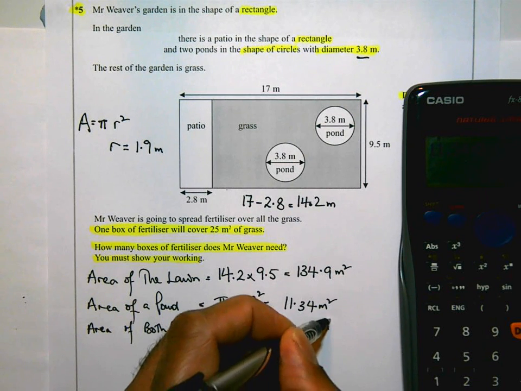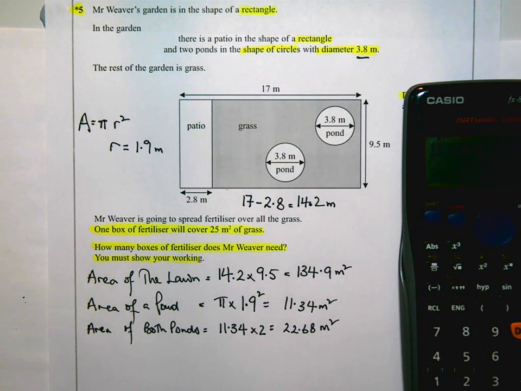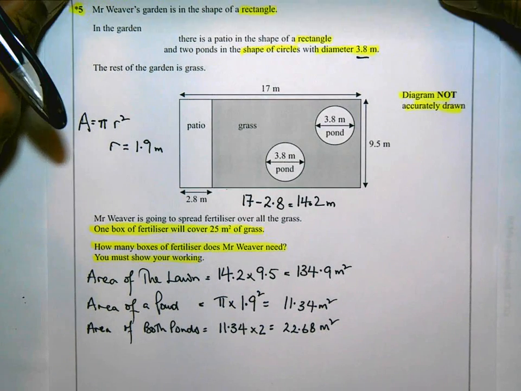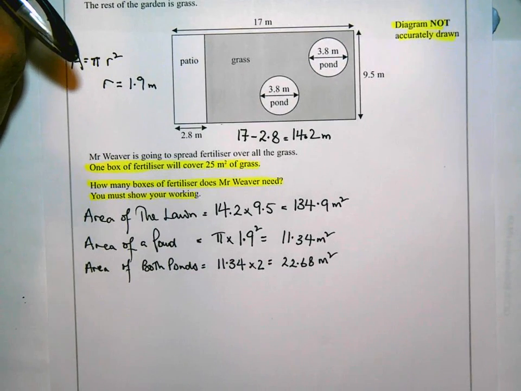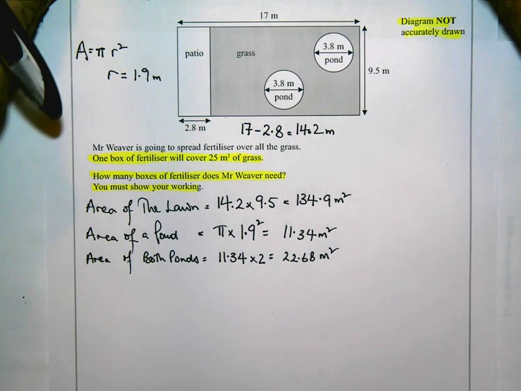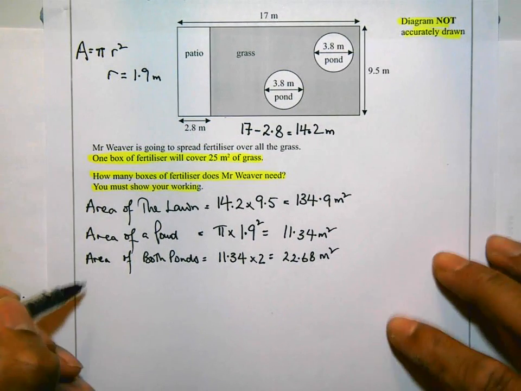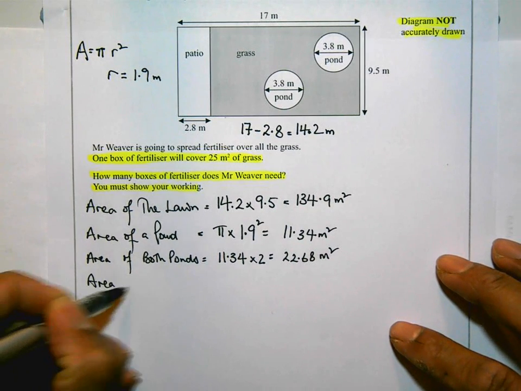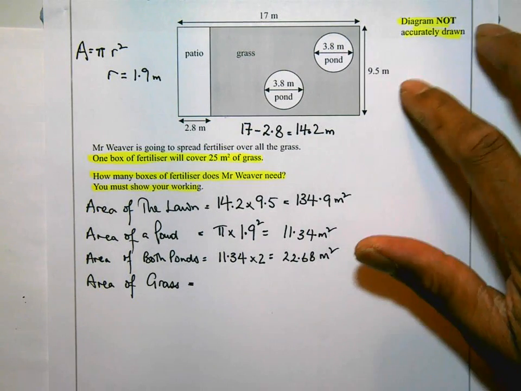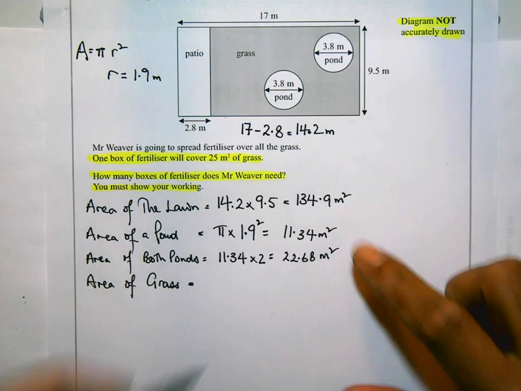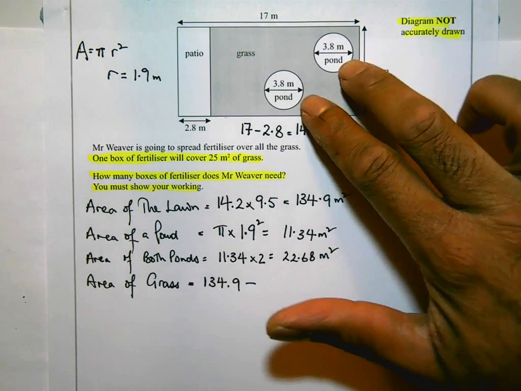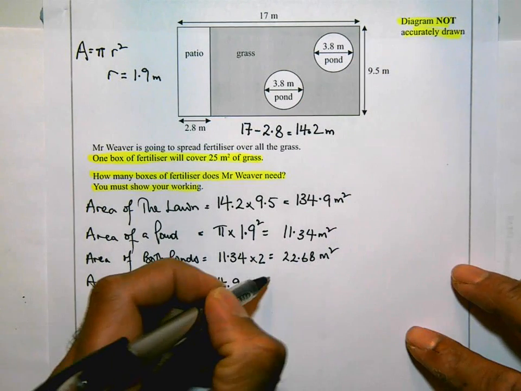Okay, so what I need to start doing is working out the area of the grass altogether. So if I move this up, I can do the rest of my workings over here. The area of the grass is going to be the area of the whole lawn, which is 134.9, take away the area of the 2 ponds, which is 22.68.